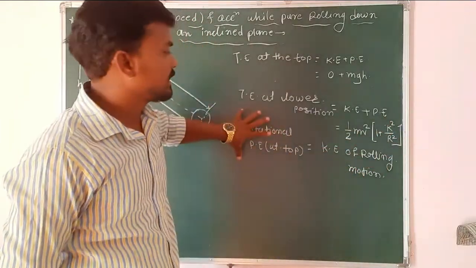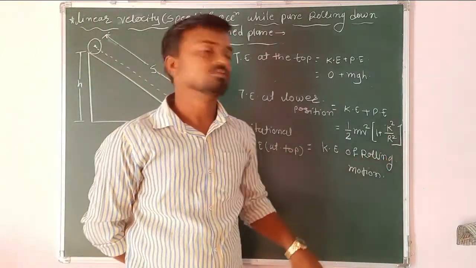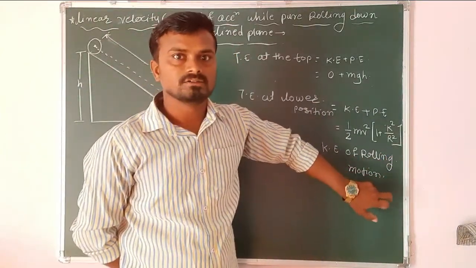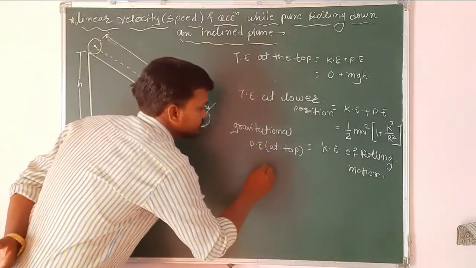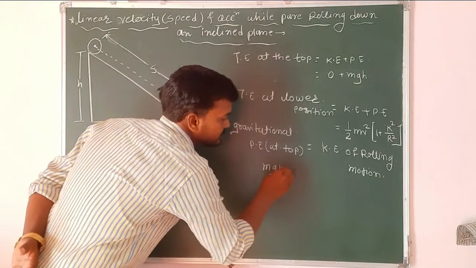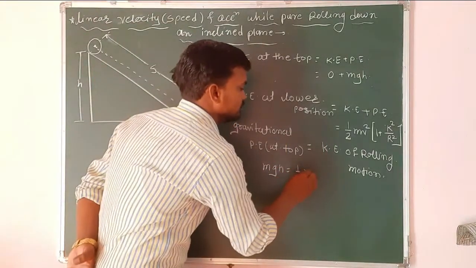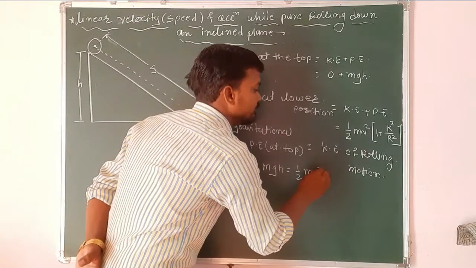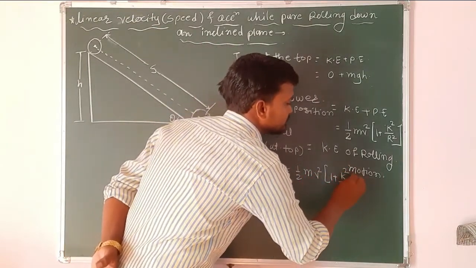Hence, gravitational potential energy at the top is equal to kinetic energy of rolling motion at the bottom, at the lowest position, and that gravitational potential energy becomes mgh, and the kinetic energy of rolling motion is 1 by 2 m v square into (1 plus k square by r square).